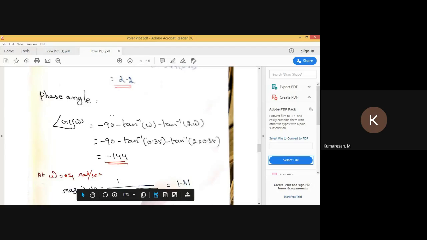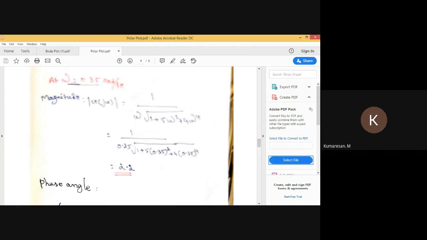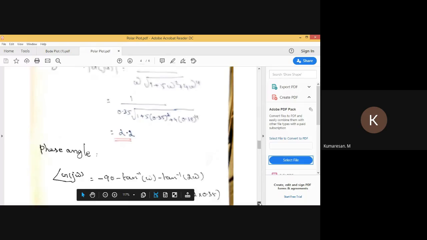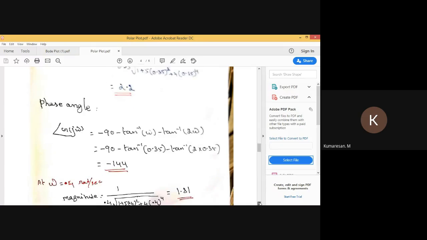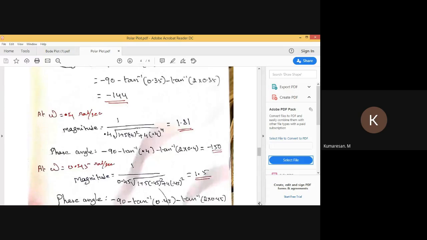So at the frequency 0.35, we get magnitude 2.2 and phase angle minus 144.